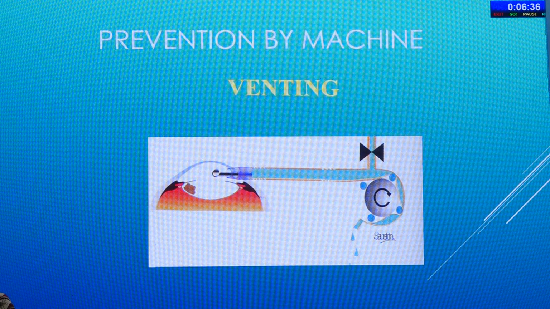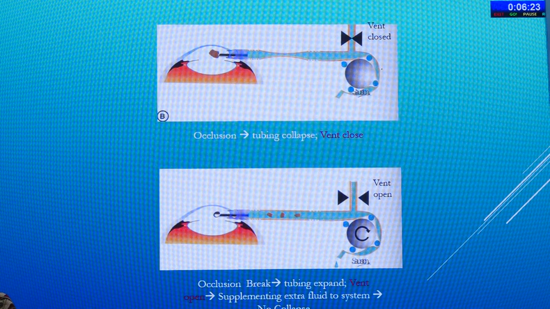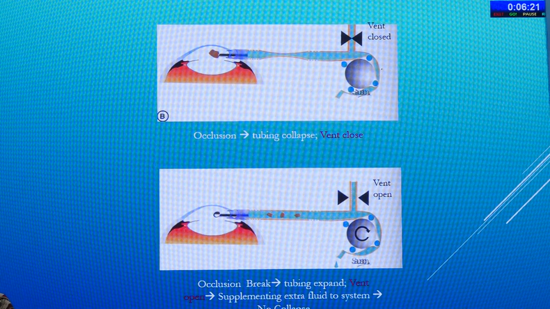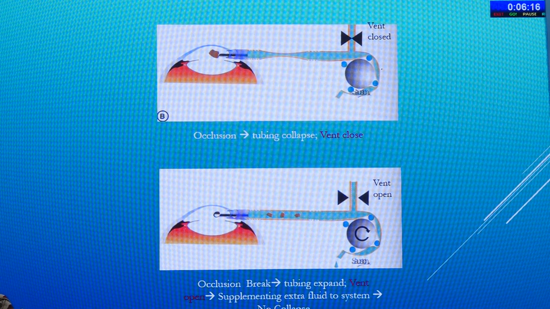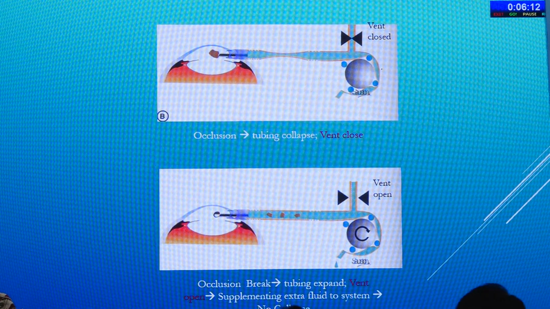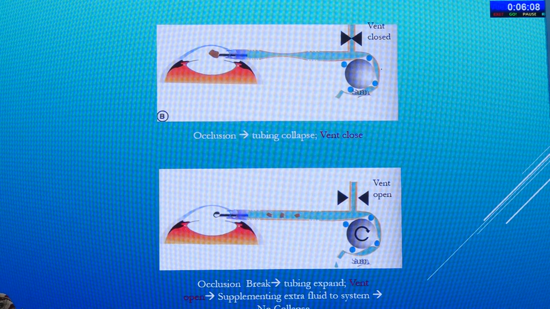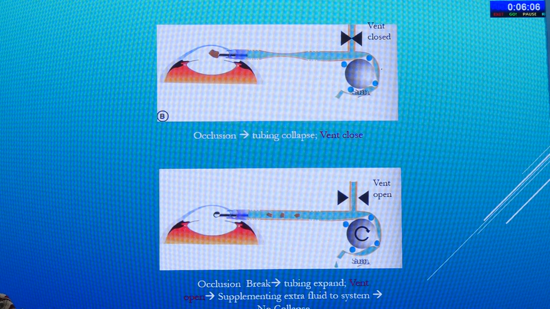The first thing, which was earlier in the machine, is venting. As you see in this picture, we have a piece, then we have a peristaltic pump, and you see a valve. Right now, nothing is happening here. Now, when there is occlusion of the tip, the tubing has collapsed, and we can see the vent is still closed. What happens subsequently, when the occlusion breaks, the tube will expand, and now you see the vent is open.